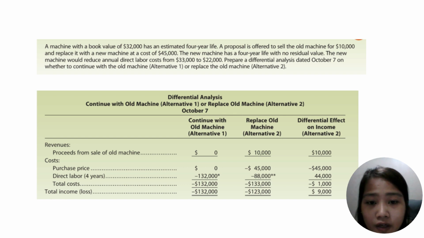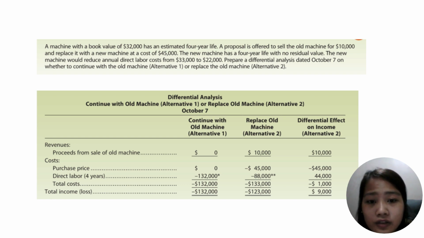And for alternative two, we do the same, which is $22,000 times 4 years. So we have $88,000. So then we just add the total cost of the purchase price and direct labor.